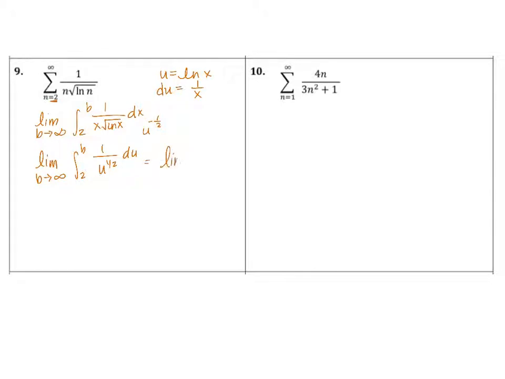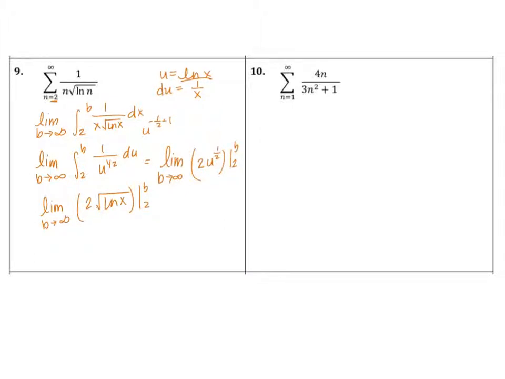So we're really talking about the limit as b approaches infinity of, and if we add 1 here, we're going to get 2u to the 1/2, and that's going to be evaluated from 2 to b, but we need to go back and plug in so that we really have the limit as b approaches infinity of 2 times the square root of, and u was natural log of x, evaluated from 2 to b.